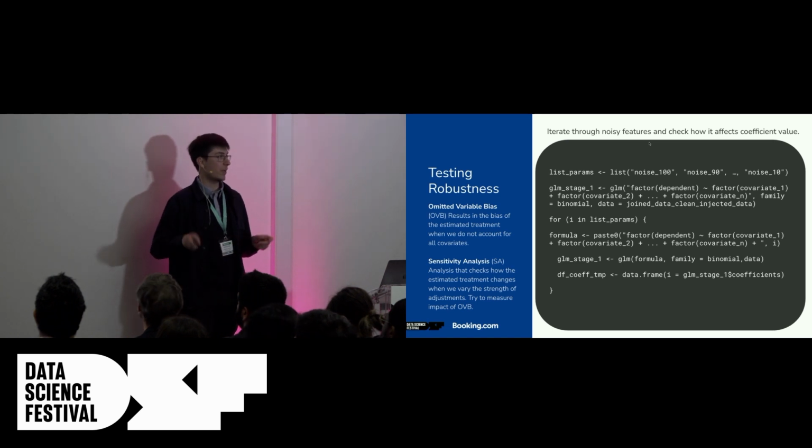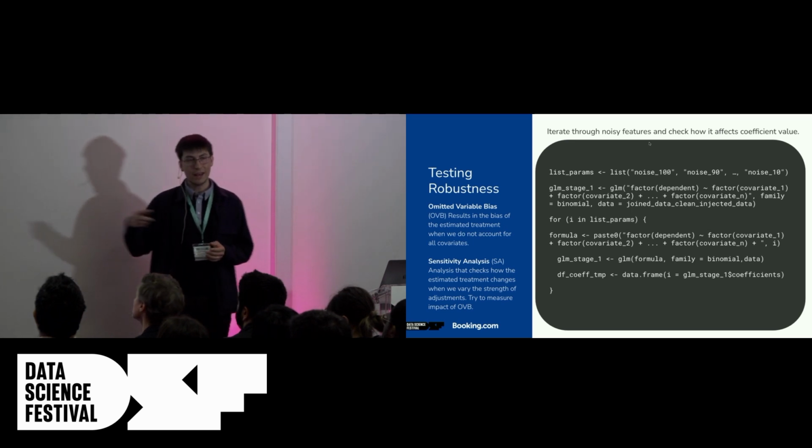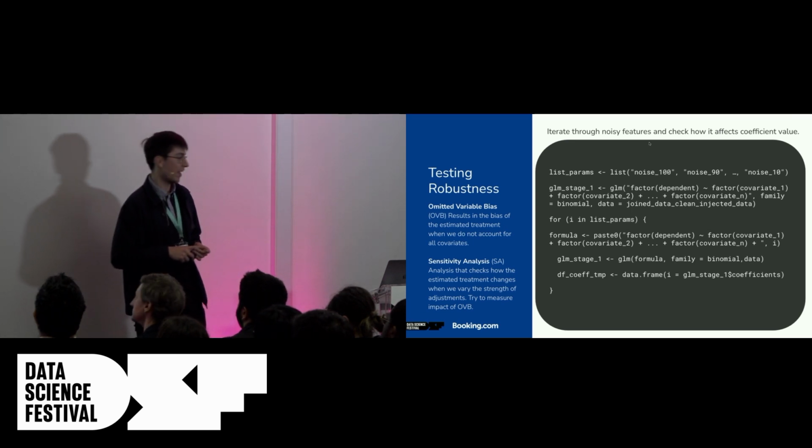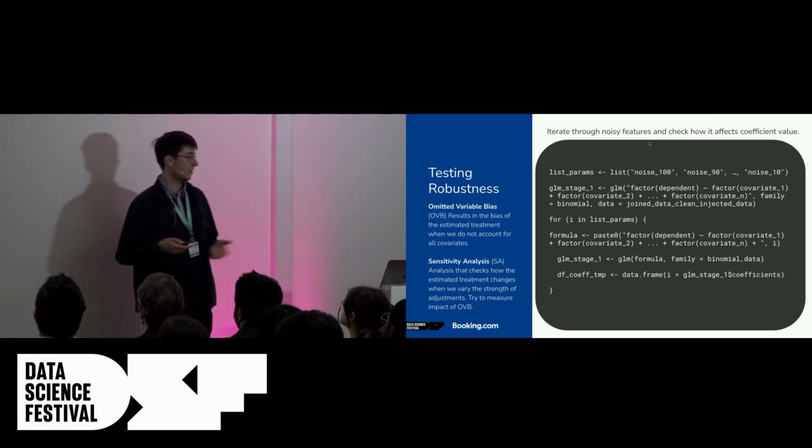You may also augment the features originally in your model by, for instance, increasing the correlation with the dependent variable, and again, you plot it against the estimated average treatment effect on treated, confidence intervals, and p-values.